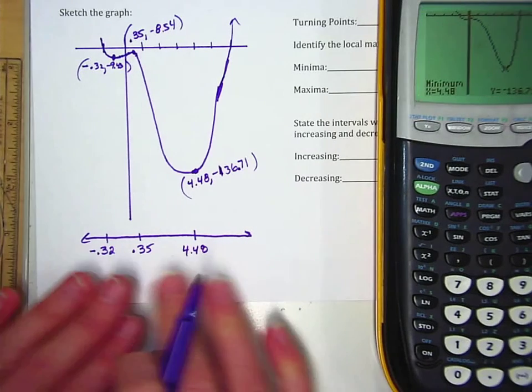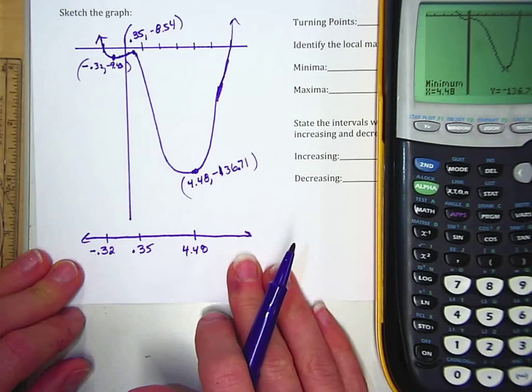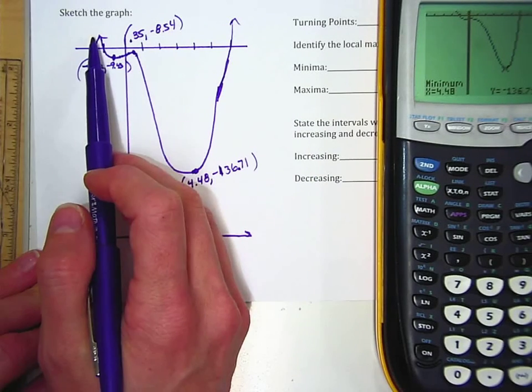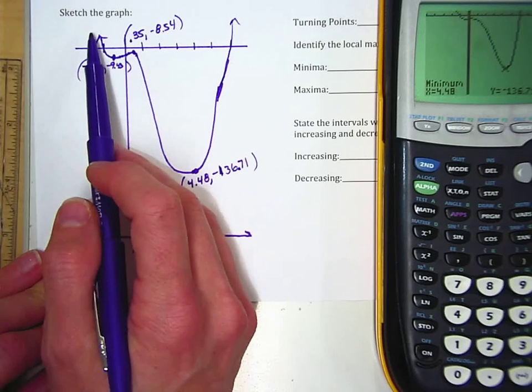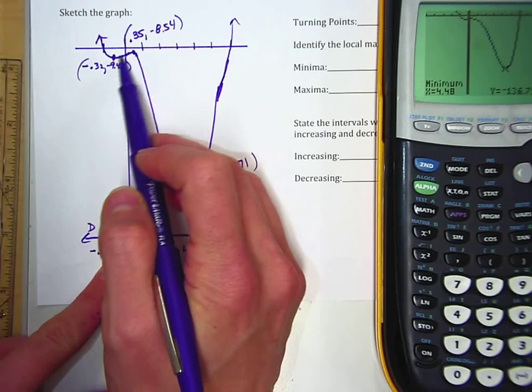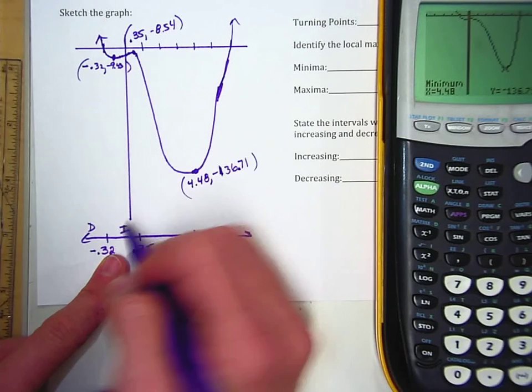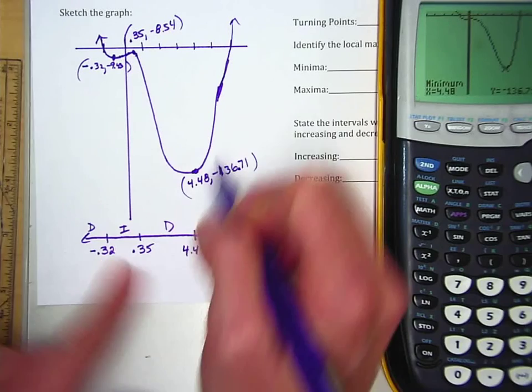Now again, this number line represents my continuous function here. We can see from negative infinity all the way to the turning point, I'm going down, so that's decreasing. Then in this little section from -0.32 to 0.35, this is increasing, and then I'm decreasing, and then I'm increasing.